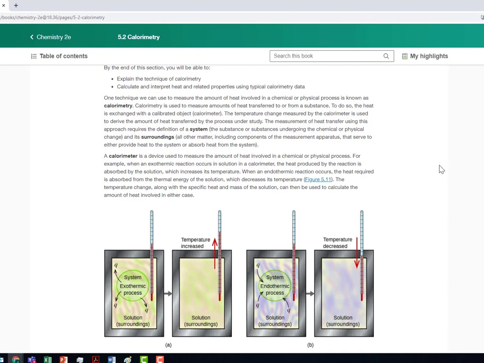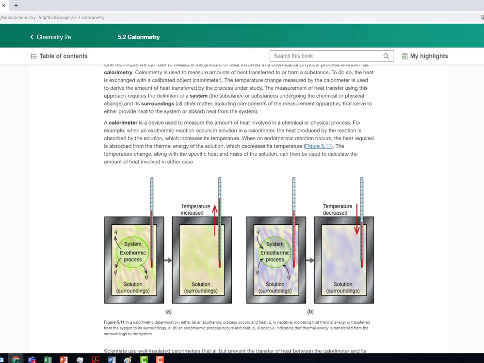So when we do this, we use a device called a calorimeter, and it is a device that is helpful in measuring heat involved in these processes. So we'll look at some examples of some calorimeters and then look at how we would do the involved calculations.